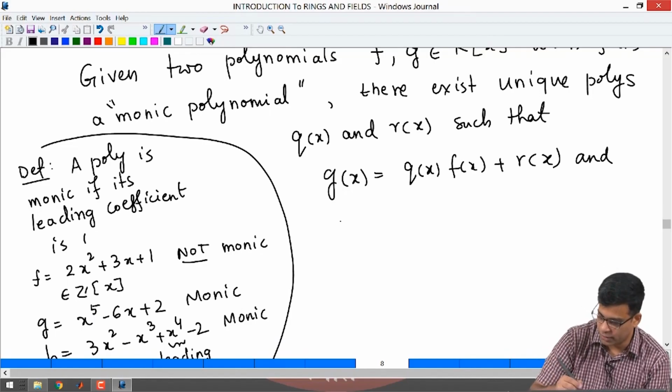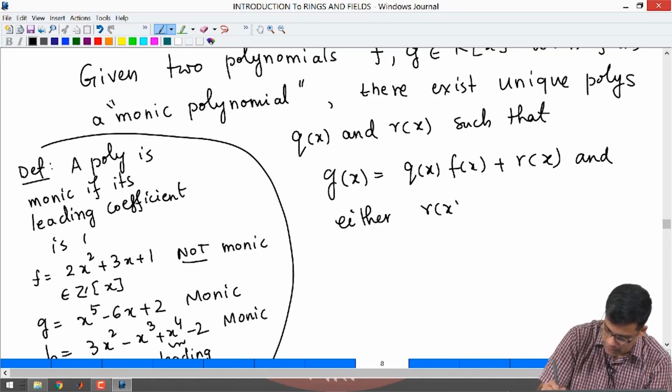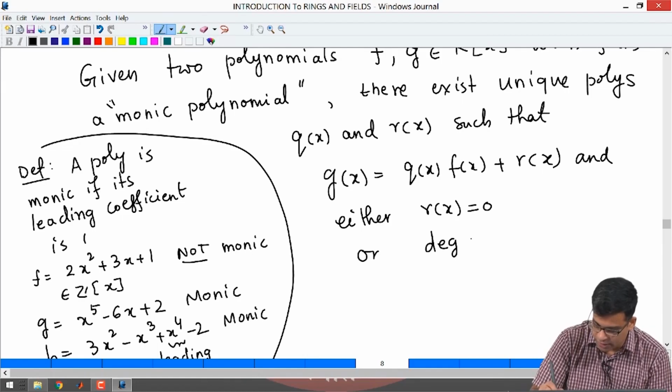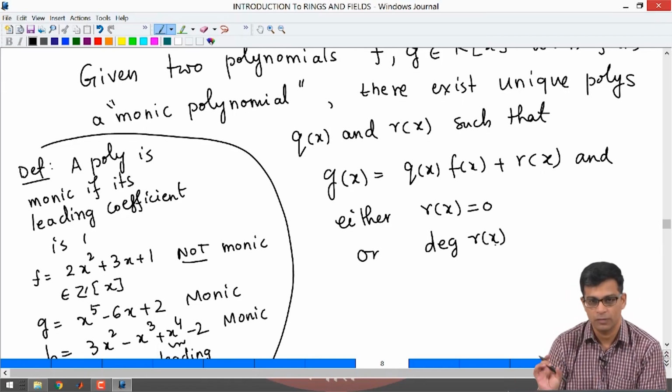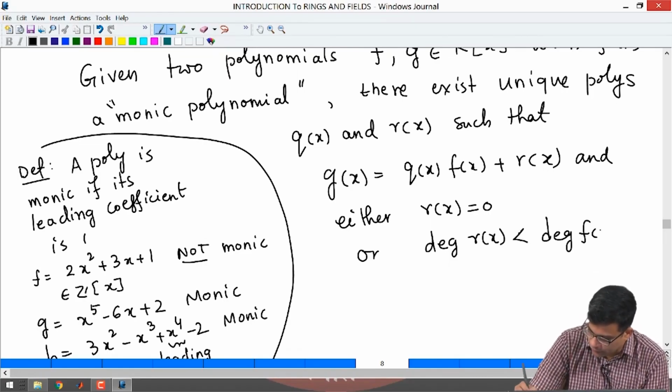We have two possibilities: either r(x) is 0, or, if it is not the 0 polynomial, its degree, which is the largest degree that appears in the polynomial, must be strictly less than the degree of f(x).